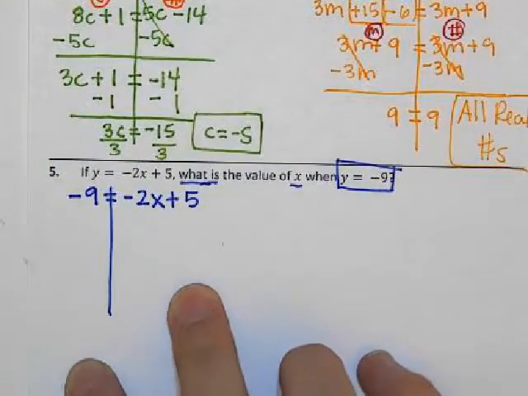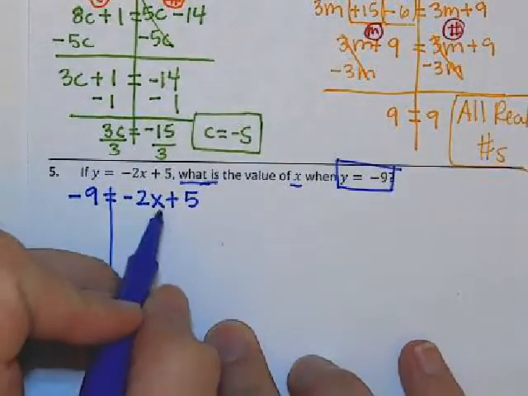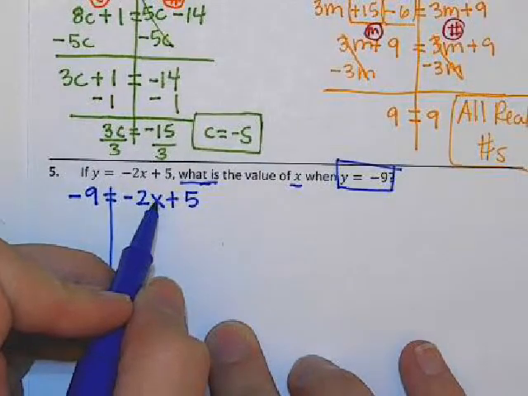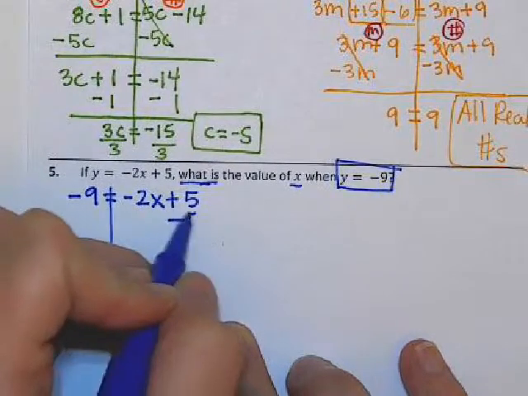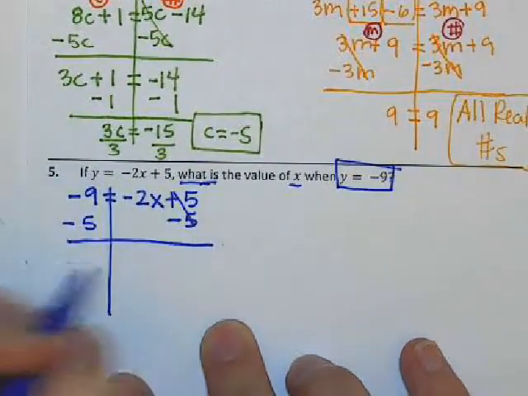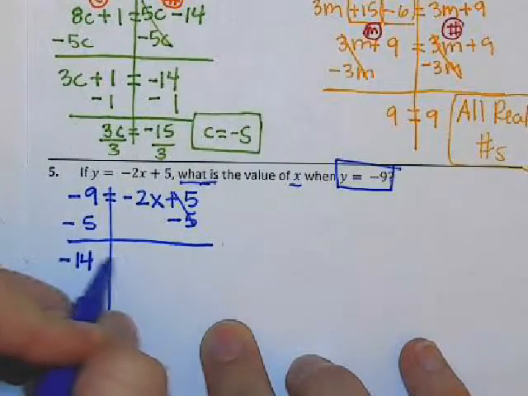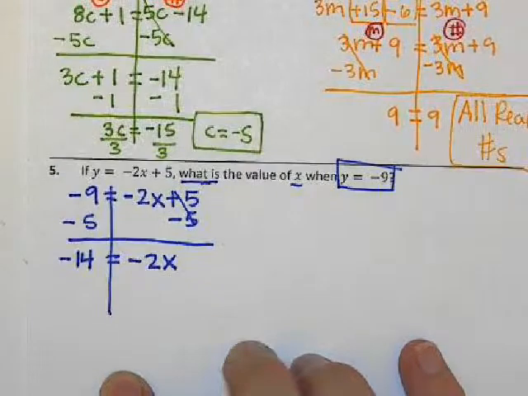Do I have variables on both sides? No, so this is a normal problem. Find your x. What's being added or subtracted? The 5 is being added, so I have minus 5 on each side. I'm left with negative 14 equals negative 2x. The 5's cancel.